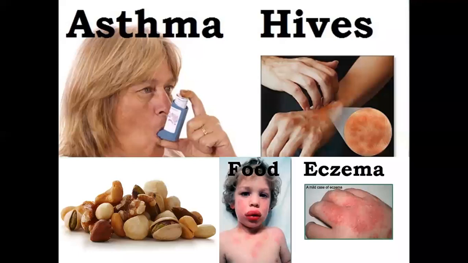So these are some of the examples. So antigens can come from the environment, antigens can come from food, antigen can come from pollens of flowers. So it will produce edema, can produce redness or allergy, itching, and shortness of breath.